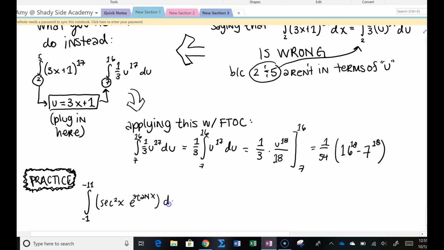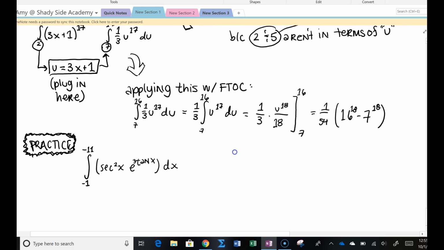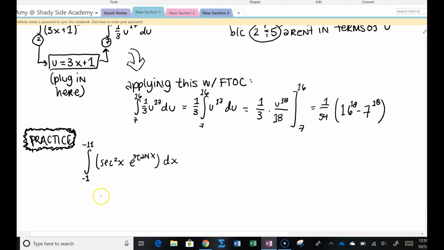Right, so what I did was indefinite integration, and with definite integration with u-sub, we have to add the issue of the limits of integration.